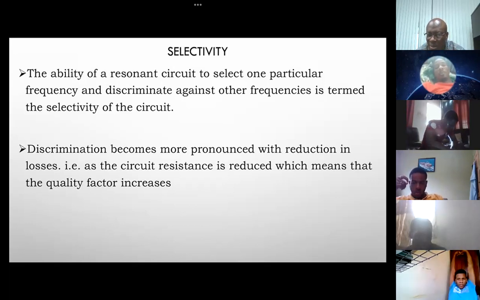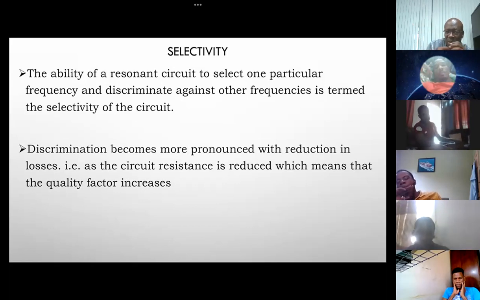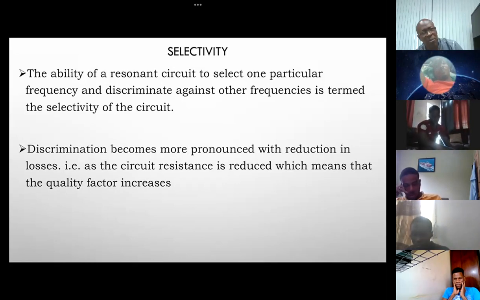And the loss we're talking about is resistance. You reduce the actual losses by having a smaller resistance. If you go back to the equation we gave you earlier for quality factor, if R is smaller, it means that the quality factor will increase.